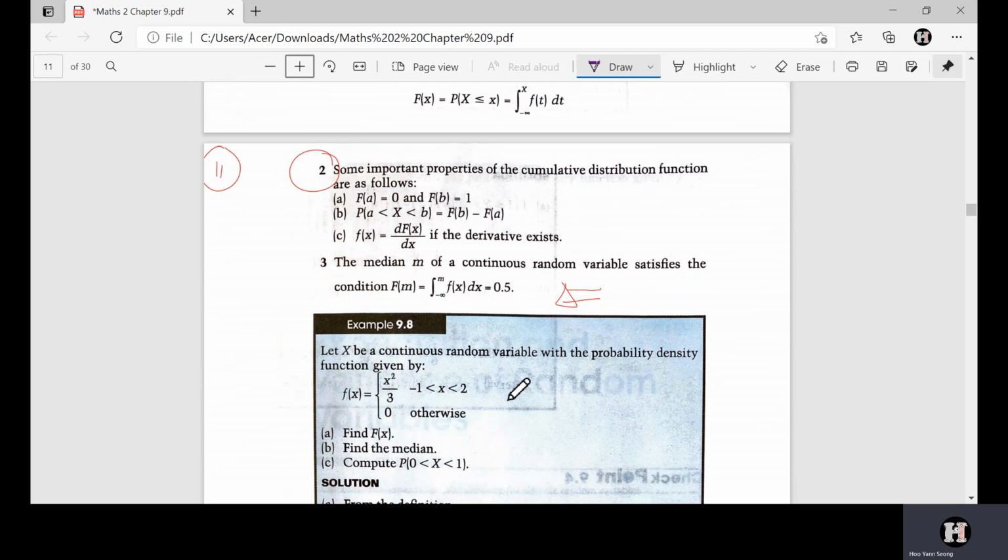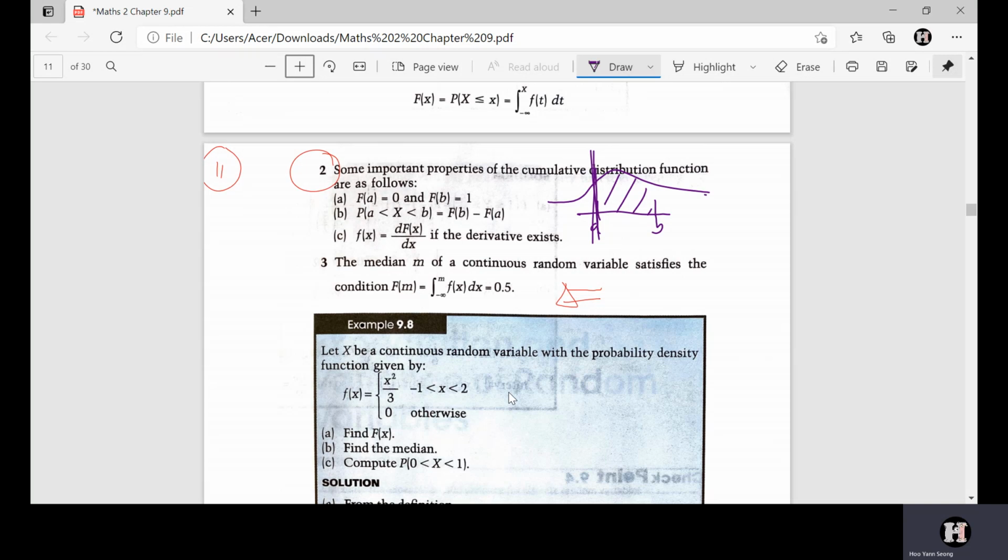After that, this one is for the continuous case. The F(a), where a is your starting point, and this is your b. The cumulative at this moment is 0, because all of them start from 0, and the full strength of them is 1.